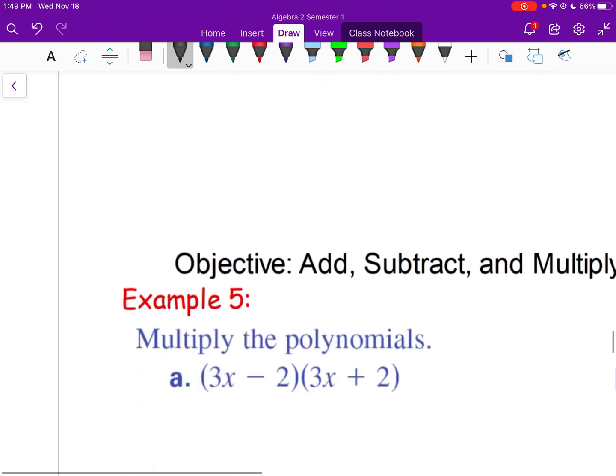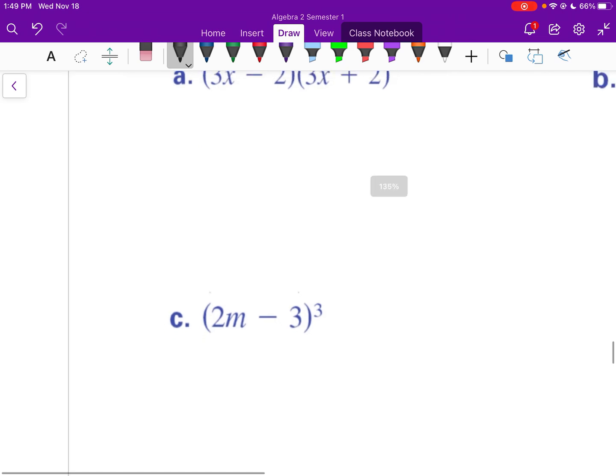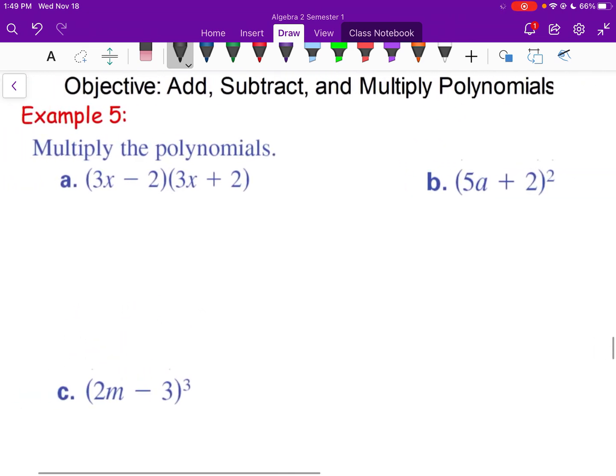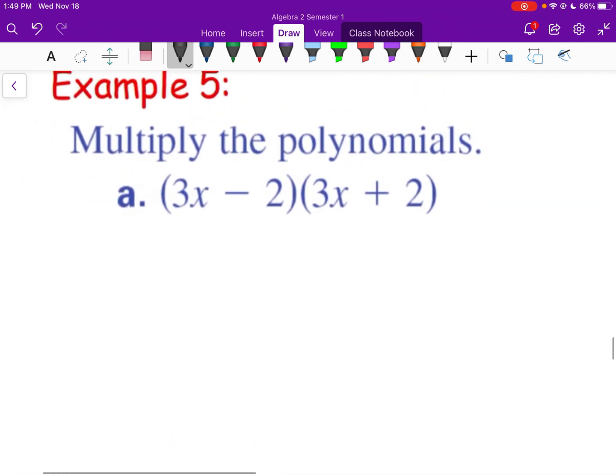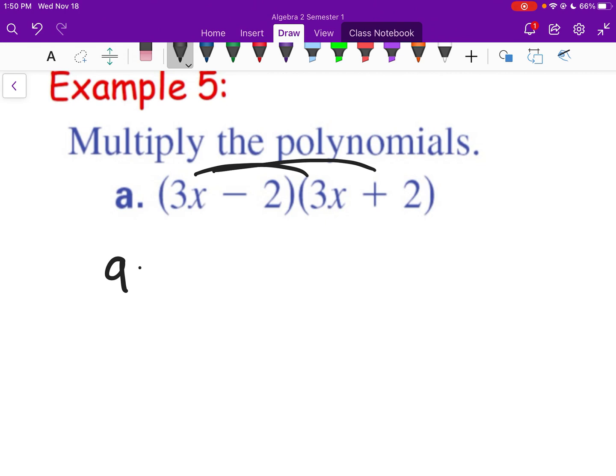All right, so there's multiplying. So again, multiplying binomials. We are just going to FOIL. 3x times 3x, 3 times 3 is 9. X times x is x squared. 3x times 2 will give us plus 6x. Negative 2 times 3x will give us minus the 6x. And then finally, minus 4.